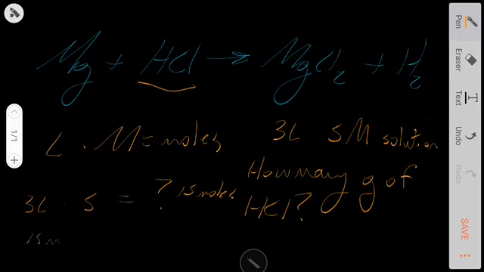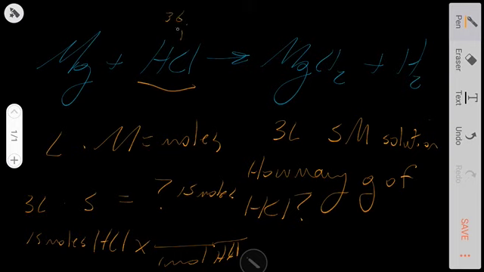So 15 moles of HCl times, in 1 mole of HCl, from before I calculated that the molar mass of this is 36.5 grams per mole. Moles of HCl cancels with moles of HCl. That should be grams.